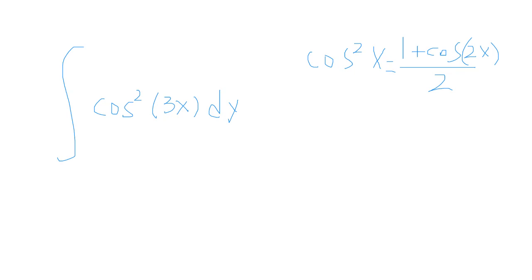Now just pay attention to the angle. Our angle is not x, our angle is 3x. So we just follow that. We change that to be 1 plus cosine double the original angle, double 3x, which is 6x.